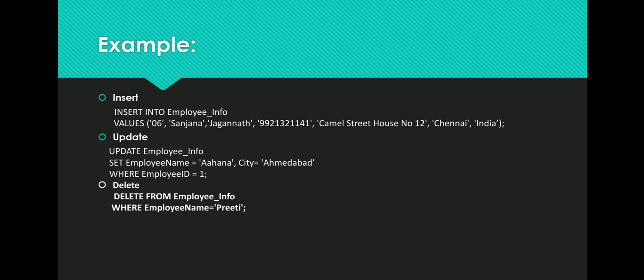So the row which consists employee ID as 1 will be updated into the new names that we have provided. Delete. Delete from employee info where employee name is equals to the name. So all the rows will be deleted from the table in which the employee name consists the name that we have provided to it.